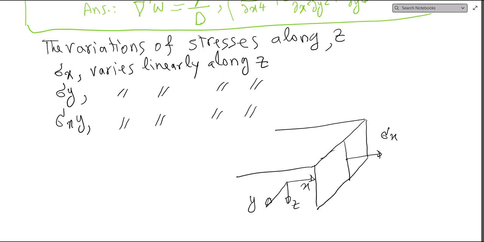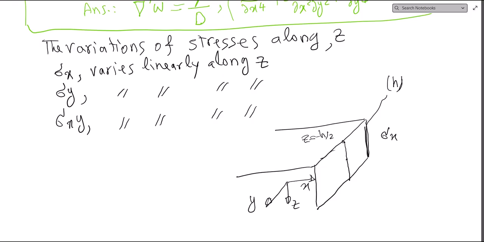So if my coordinate origin is here, and here my z is minus h over 2, assuming that my thickness of the plate is h.